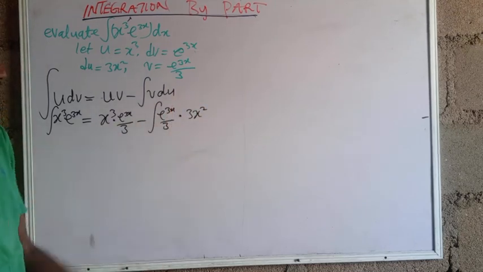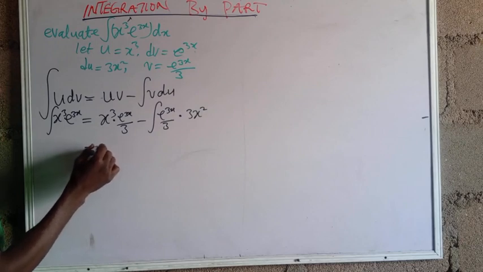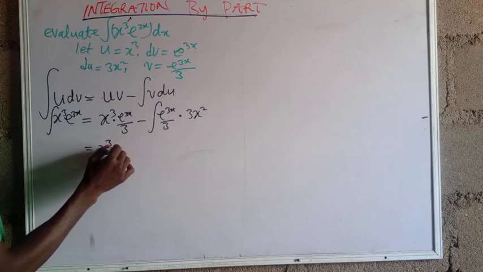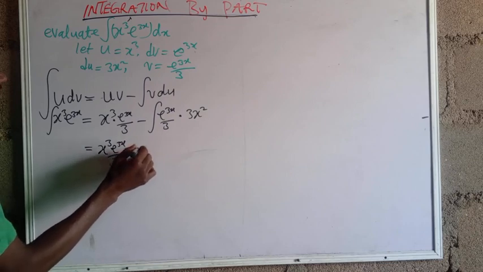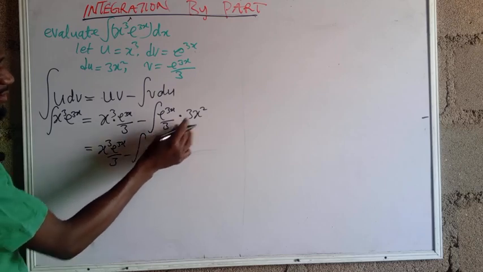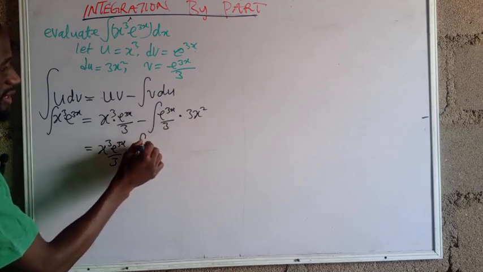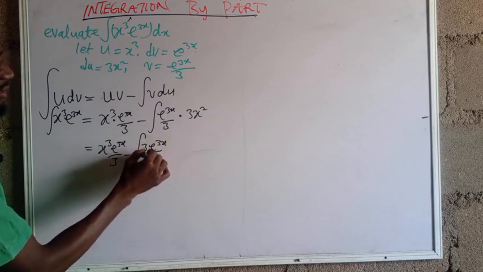That is du. Then the next thing to do here, we are going to simplify. Here you have x cubed multiplied by exponential 3x all over 3, minus the integral of this multiplied by this. You are going to have 3 exponential 3x all over 3.